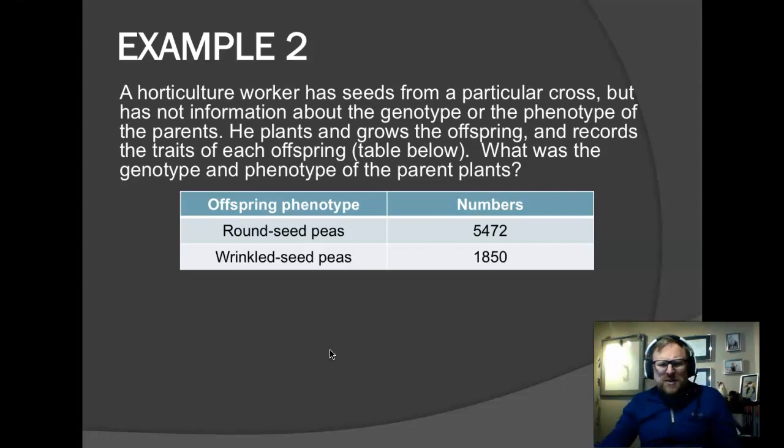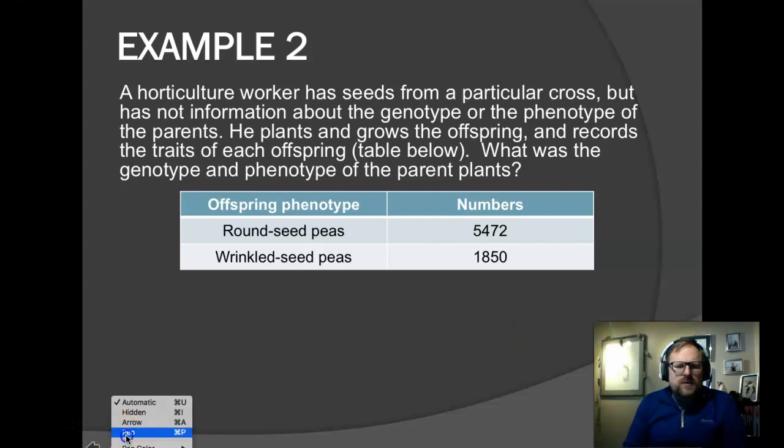So what we can do is basically reverse engineer a Punnett square. And I would do this if I was given this question as a possibility to tackle. I would do this sort of as a guess and test.